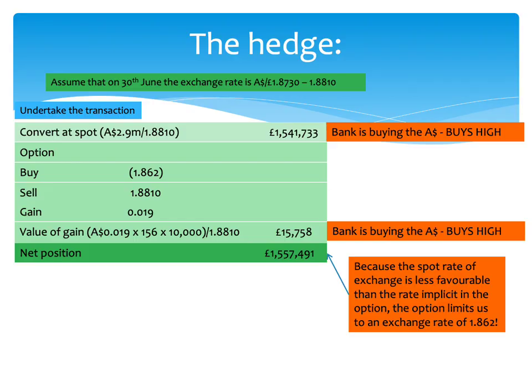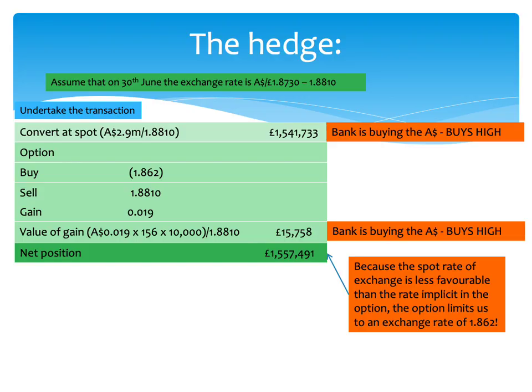Remember, the whole point of this is we've used a strike price of 1.862. So we're trying to make sure that our exchange rate is never any worse than 1.862. Because the exchange rate is actually worse, it's now 1.8810, we've made a gain that has offset the loss that we've made because of the higher exchange rate.